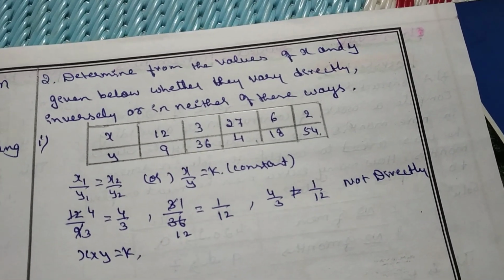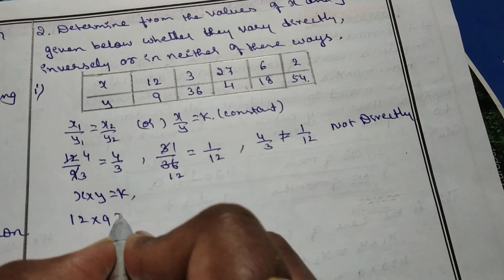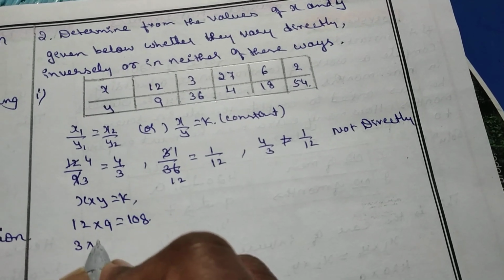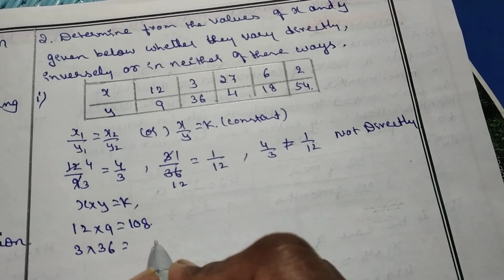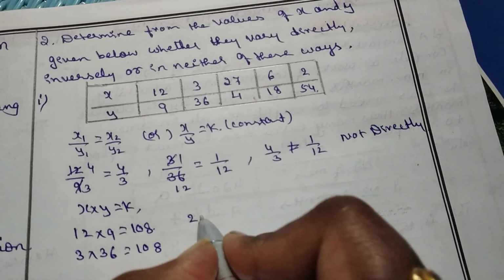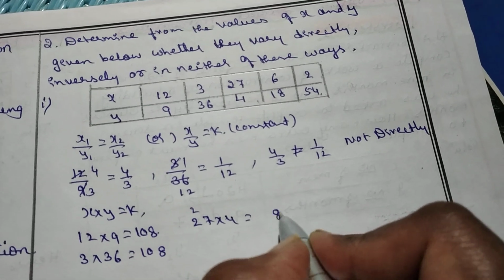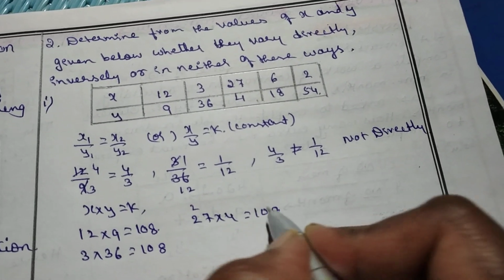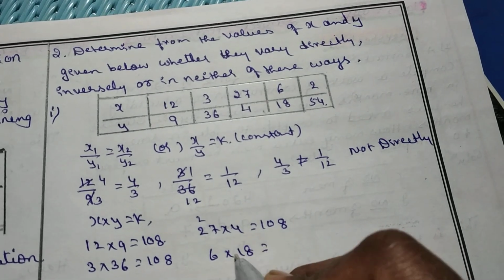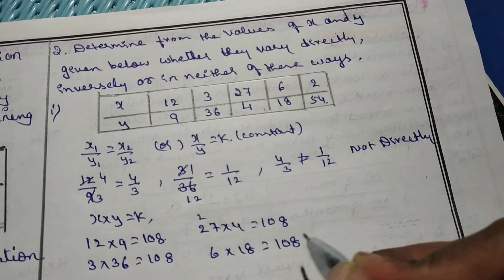First, 12 into 9 equals 108. Then 3 into 36: 6 3s are 18, 3 3s are 9, yes 108. Next, 27 into 4: 7 4s are 28, 4 2s are 8, 108. The next, 6 into 18: 8 6s are 48, 6 1s are 6 plus 4 is 10, 108.